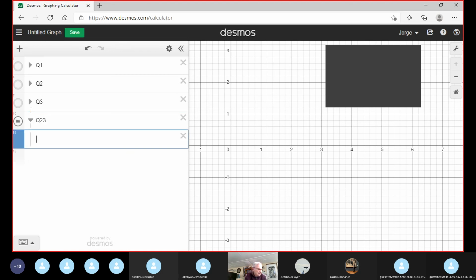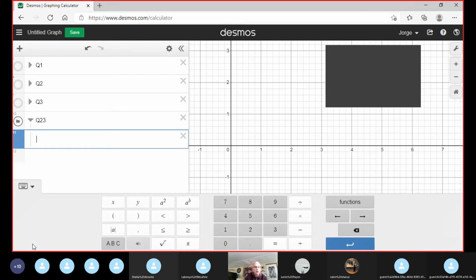Okay, the first equation is 5x. You click here in this arrow and you show the keyboard, a special keyboard of Desmos. 5x plus y equal 45. Wow, and this is my first equation.